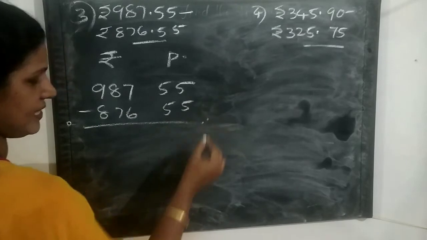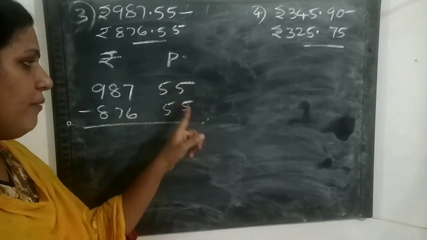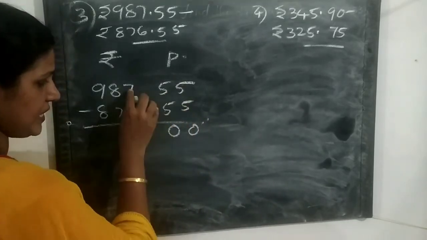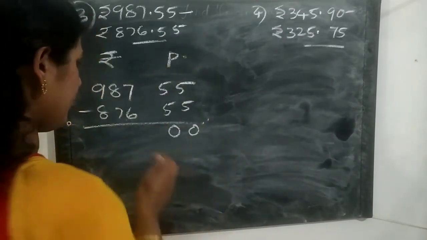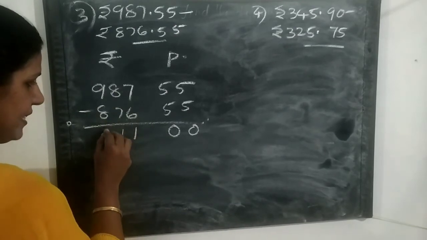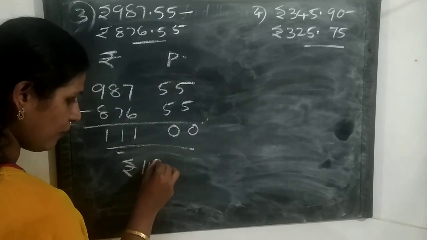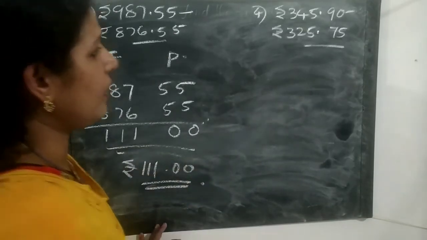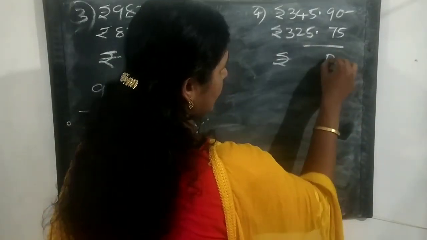Then put the subtraction sign, the minus sign. 5 minus 5 is 0, 5 minus 5 is 0, 7 minus 6, we get 1. 8 minus 7 is 1 and 9 minus 8 is 1. So here we get rupees 111.00.